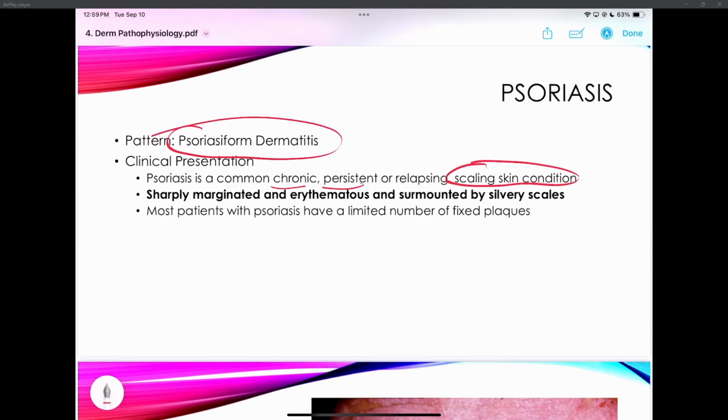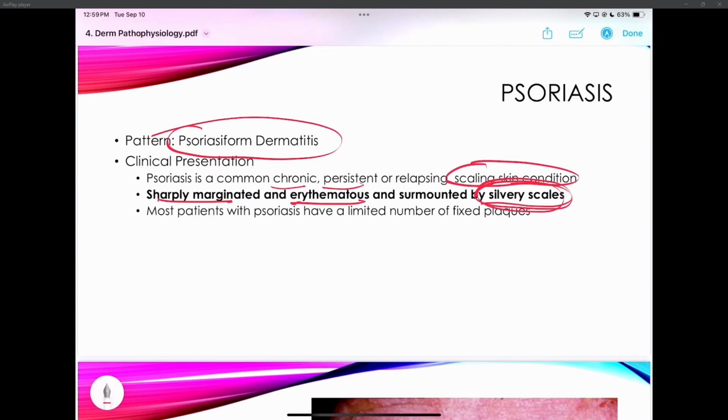Okay, sharply marginated. So what does that mean? Very clear borders. Erythematous. What does that mean? Red. And surrounded by silvery scales. So if you see anything with silvery scales, think psoriasis.